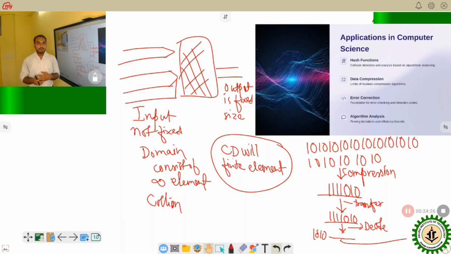So the pigeonhole principle also helps to compress data to analyze large amounts of input data for any computer algorithm. Similarly, the pigeonhole principle can also be used to define error correction algorithms.